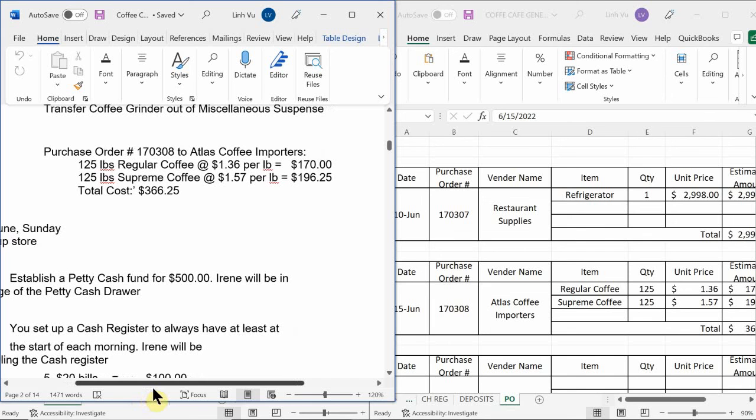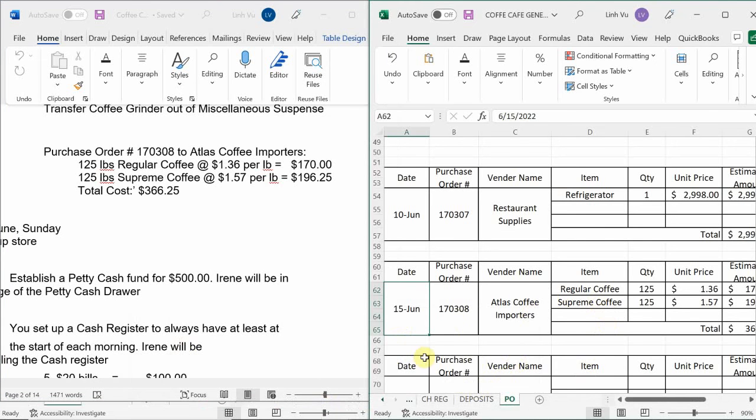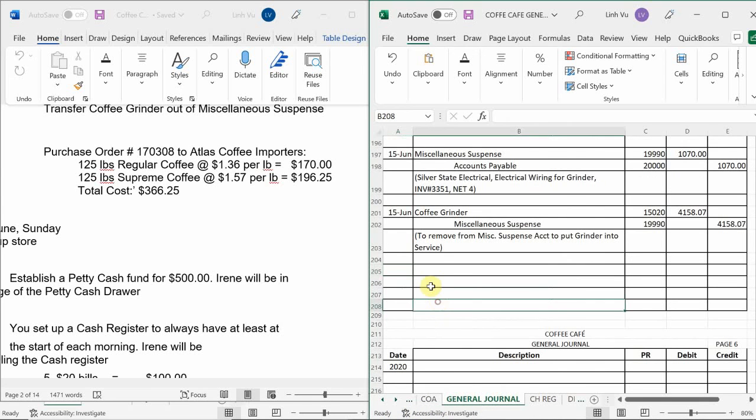Okay, in the general journal, on the 16th, we debit petty cash, credit checking. Right.